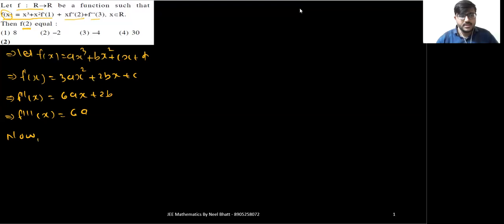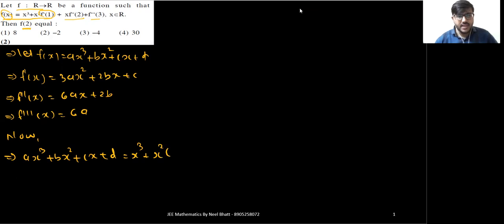Now let us compare this equation with this condition. So here we have f(x) as ax cube plus bx square plus cx plus d equals, let's put in the values of f dash of 1, f double dash of 2, and f triple dash of 3. So which is equal to x cube plus x square with f dash of 1.